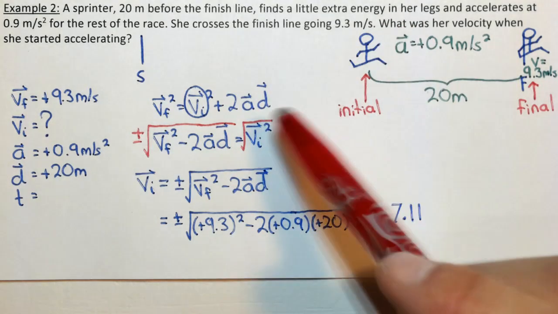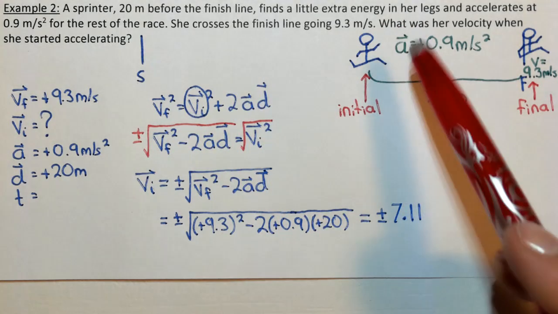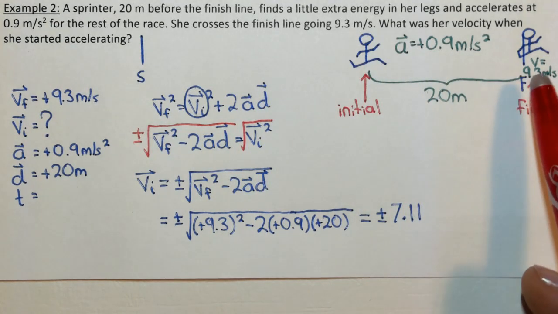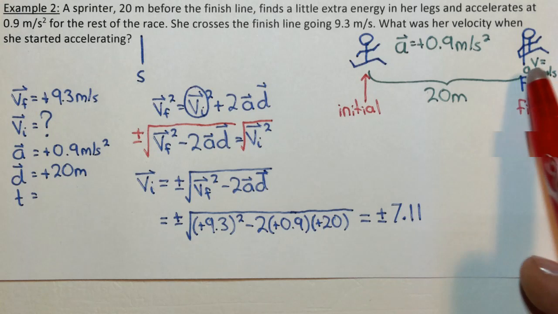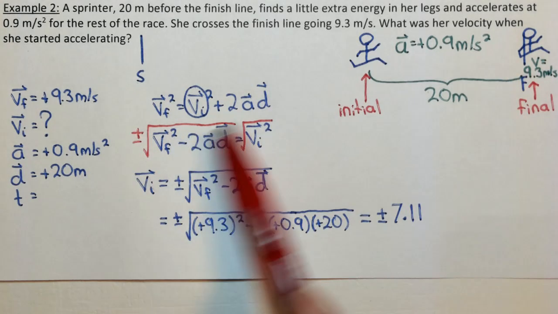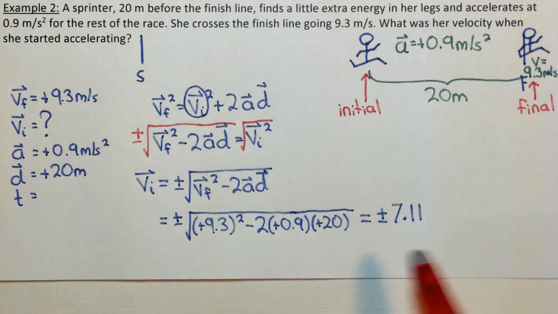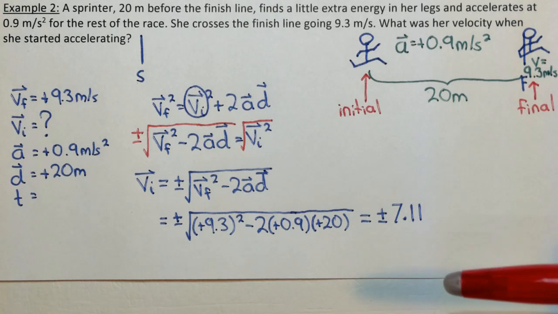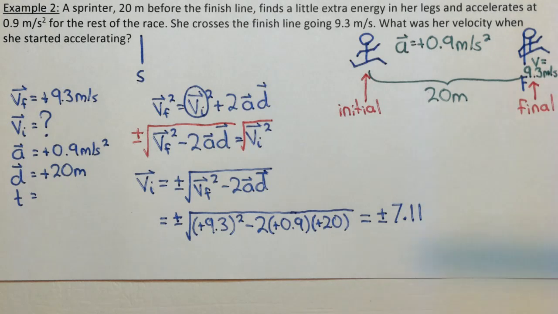For us, this formula was being applied to a sprinter running a race who was speeding up at the last little bit to give her a little more speed going over the finish line. And so while the math might say, hey, this formula has two solutions, positive or negative, we know a little bit more about the problem than our calculator does.